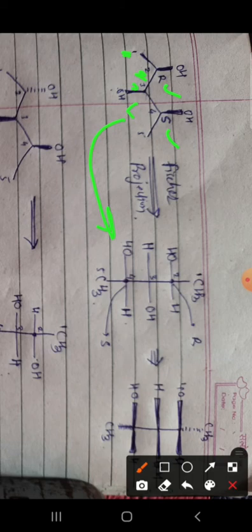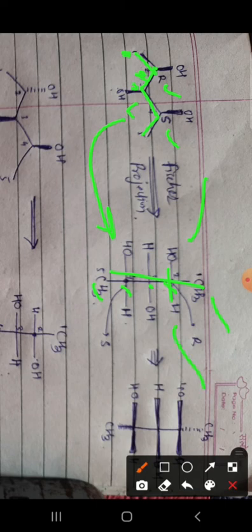How can we draw this? First we have to draw the carbon chain over the vertical line, okay, the carbon chain over the vertical line. This is the first carbon, second, third, fourth and fifth carbon. Then the substitution is made according to R configuration. First, the second carbon substitution, R configuration: OH group at the left side and H group at the right side.